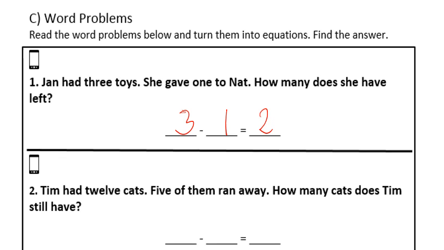Number 2. Read it for me. Tim had 12 cats. 5 of them ran away. How many cats does Tim still have? So what's my equation? 12 minus 5 equals 7. Great.